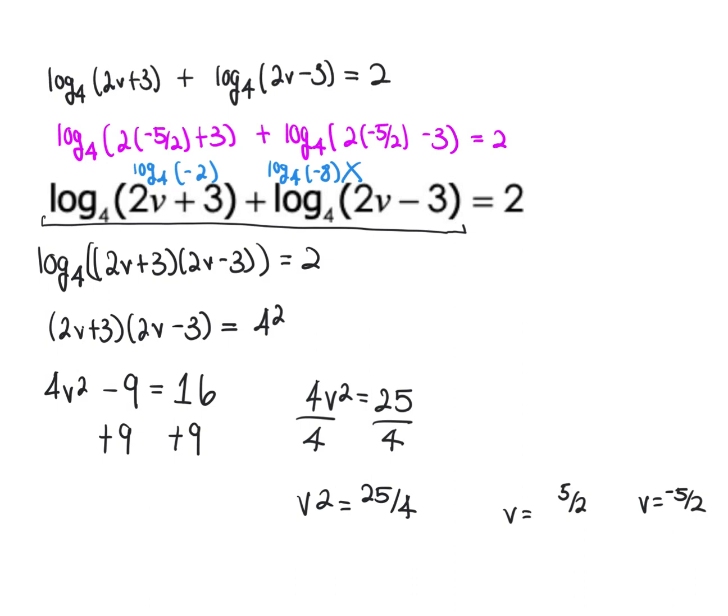So in this case, v cannot equal negative 5 halves. v can equal 5 halves, though, because if we made each of these positive, then we would be able to take the log of what's inside the parentheses. We can't do log base 4 of a negative and log base 4 of a negative. That's what our problem is.